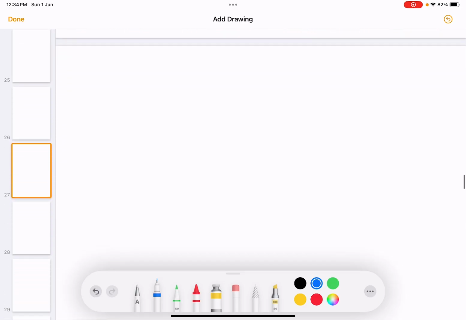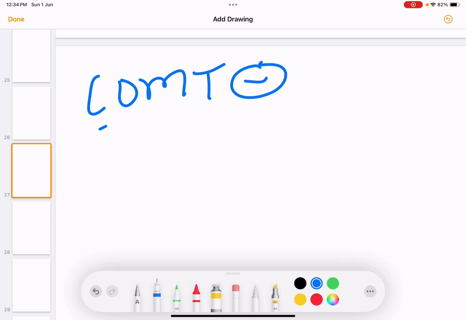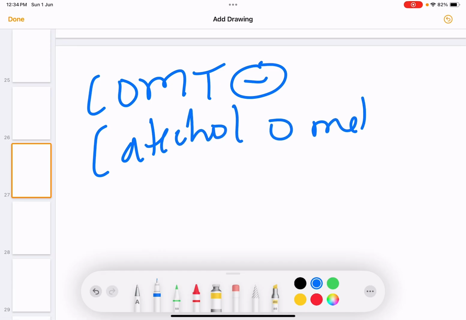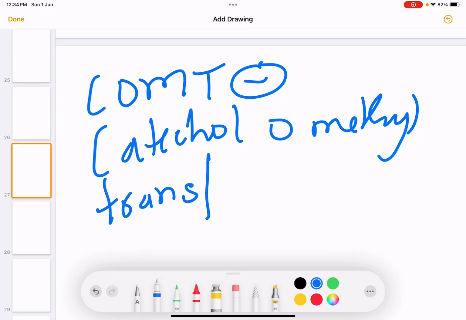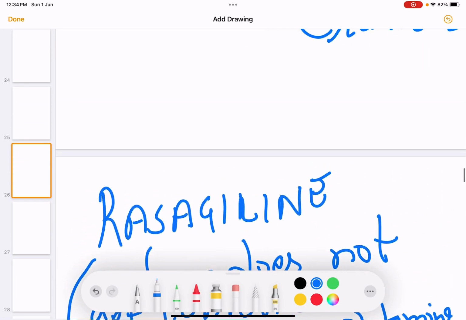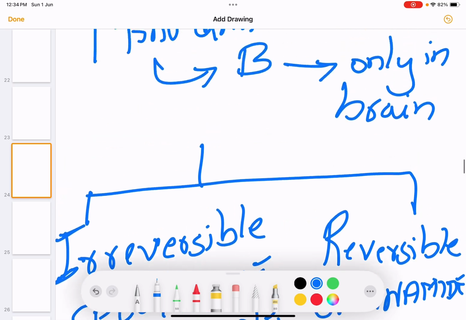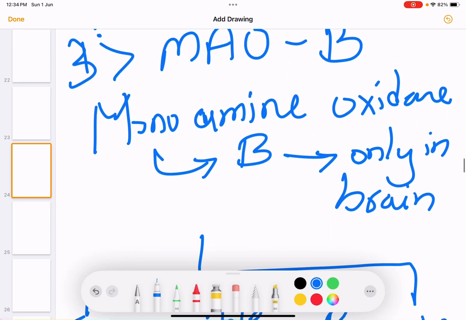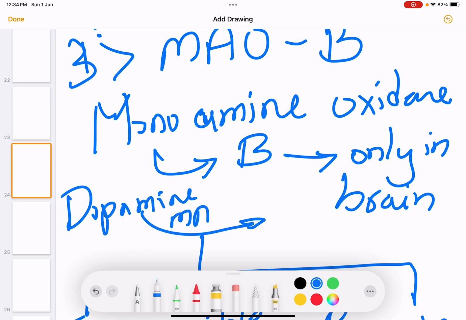Now the next category of drugs we will discuss is COMT inhibitors. COMT stands for catechol O-methyl transferase. So these were MAO-B inhibitors, monoamine oxidase B. When dopamine is acted upon by MAO-B, it gets converted to DOPAC.